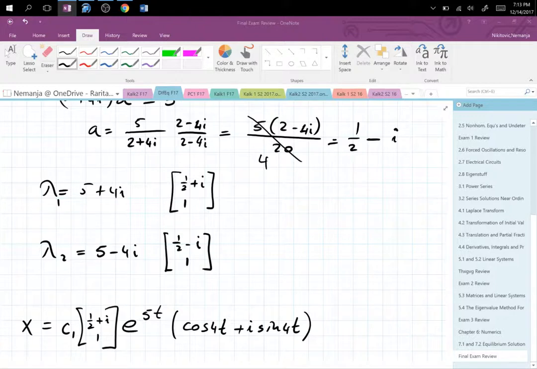Yeah. C2 is going to give us the same deal.